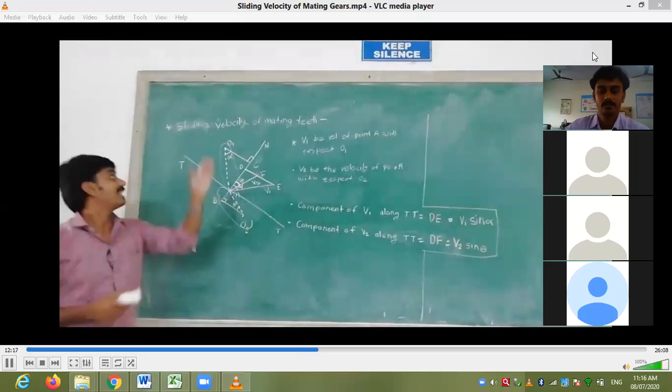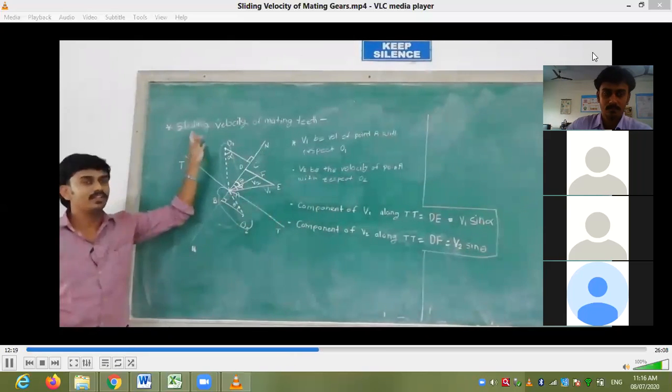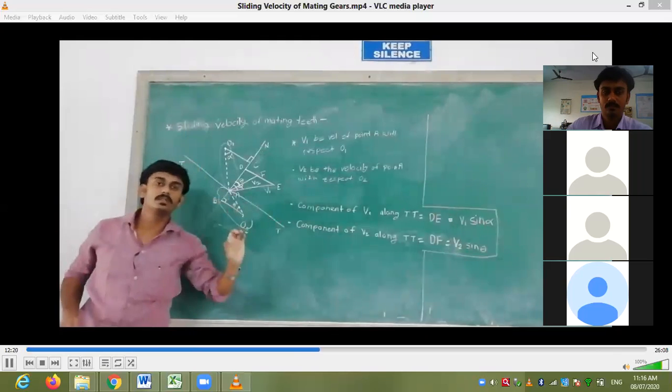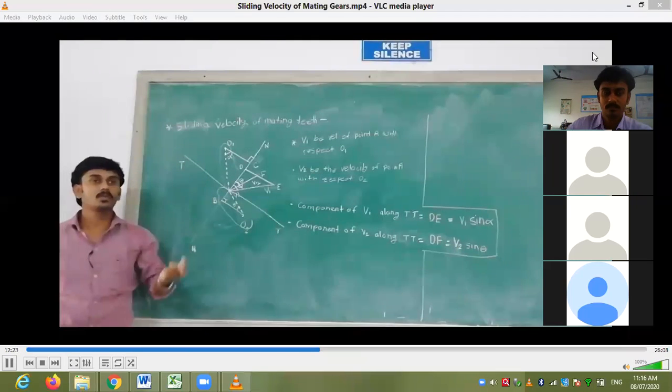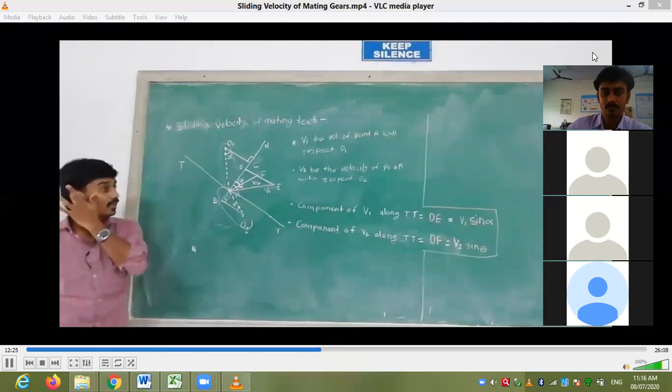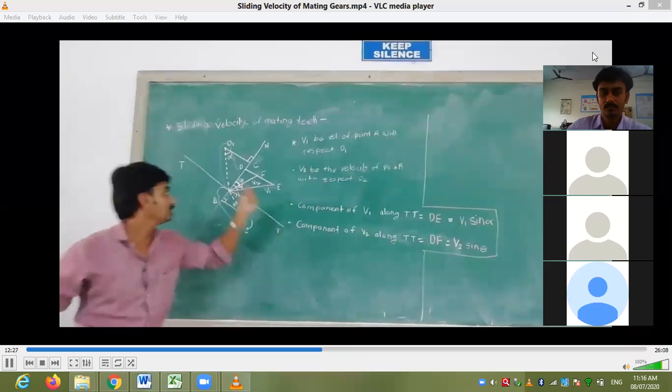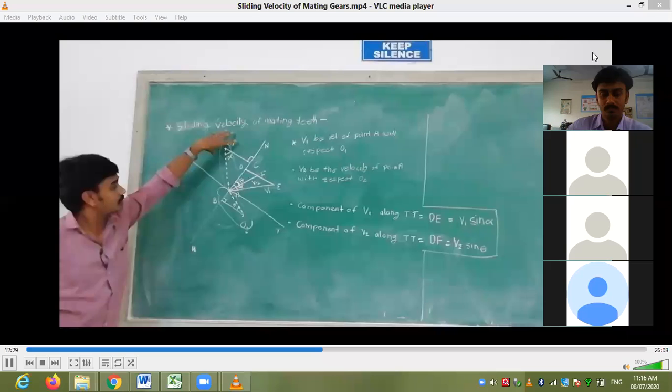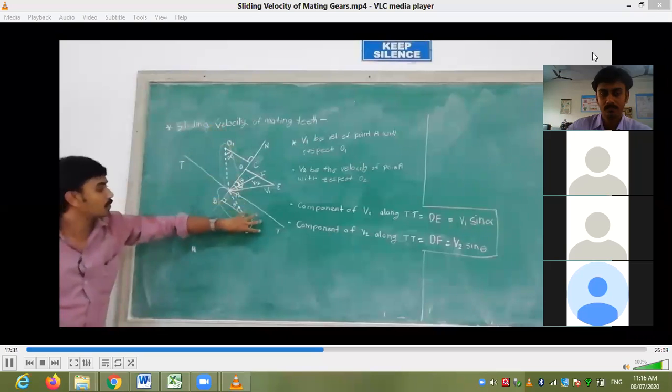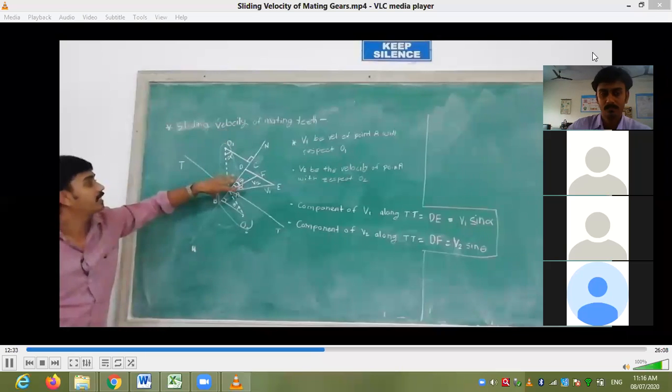Now, what is meant by sliding velocity? Sliding velocity is the velocity of one gear tip with respect to another when they are transmitting the motion.